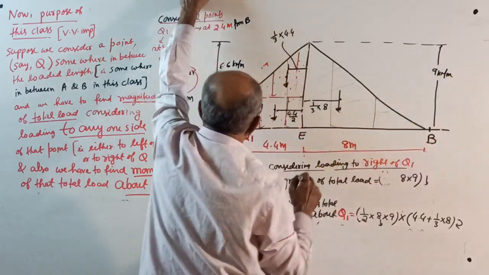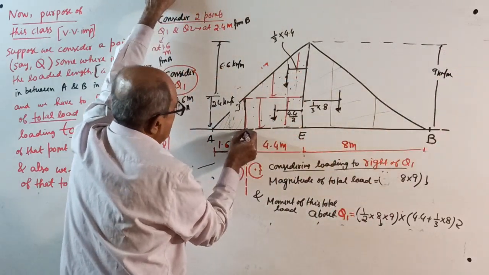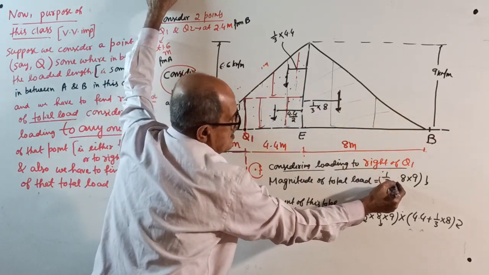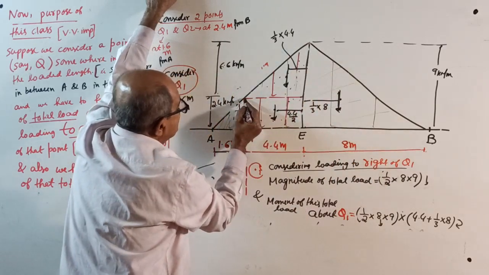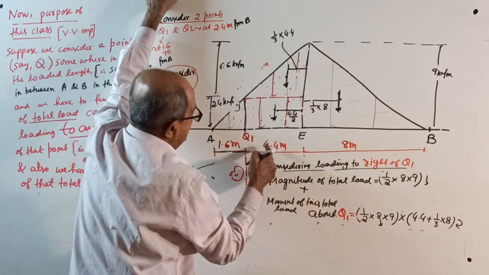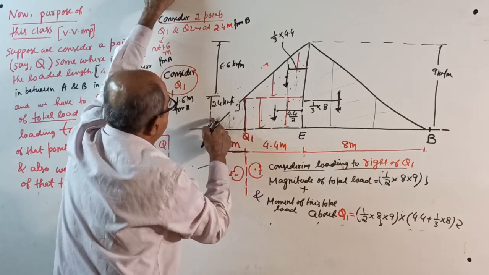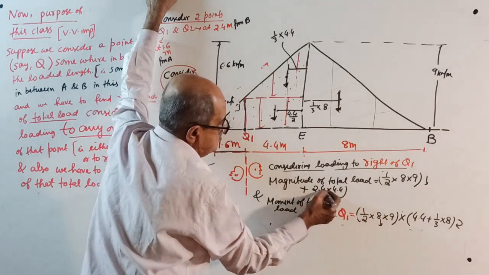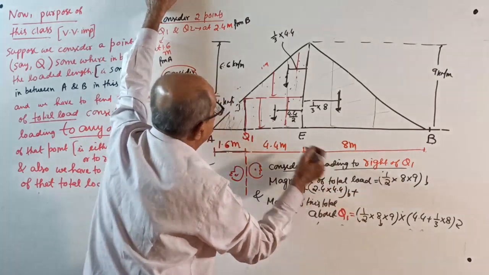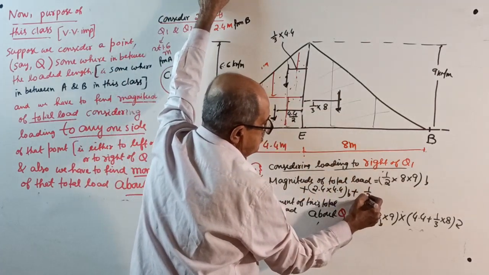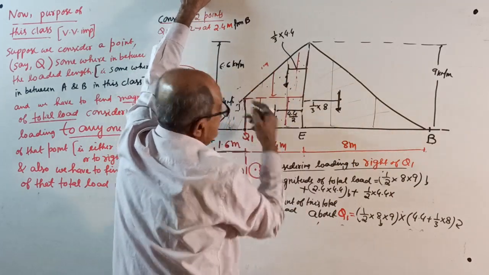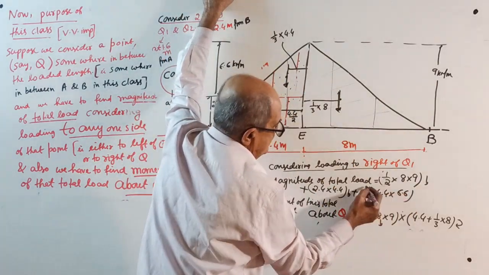Now, see, total load. This load remains the same as last time: half into 8 into 9, plus this rectangle, 2.4 into 4.4, that also down, plus one more, half into 4.4 into this height, 6.6, that also down.